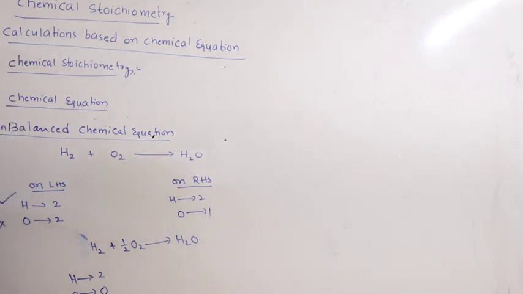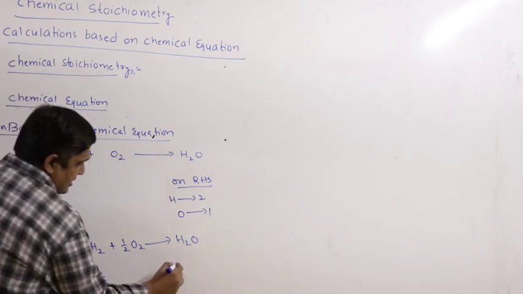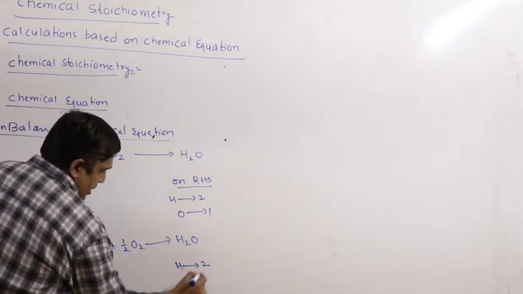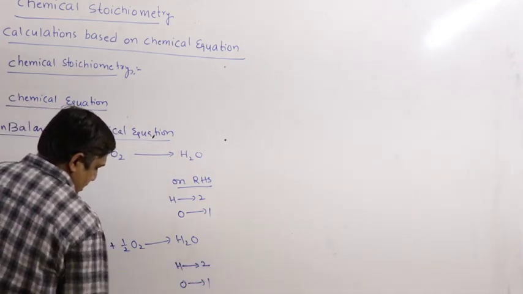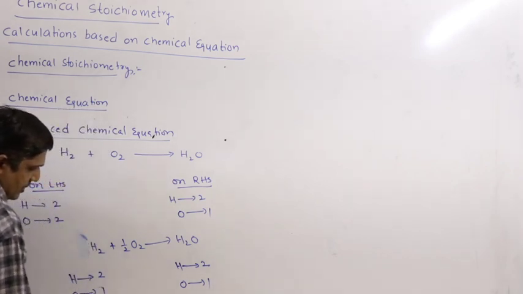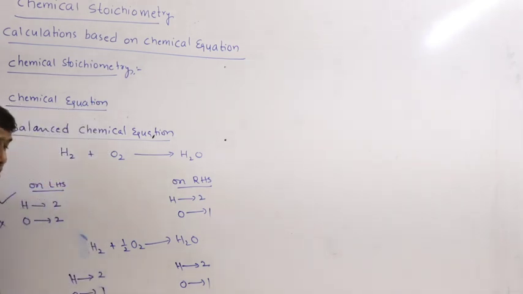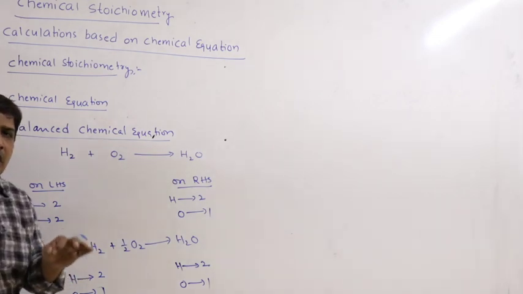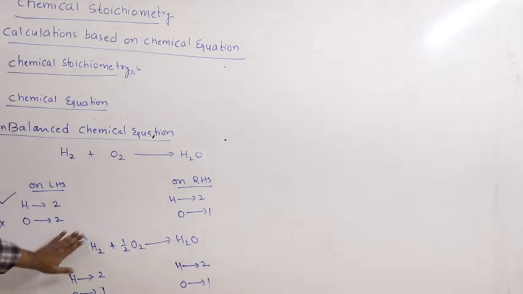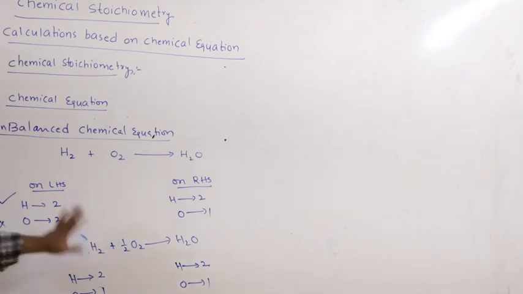In 1 O2 there are 2 oxygens. In half O2 there will be only 1 oxygen. On right hand side there are 2 hydrogen atoms and 1 oxygen atom. So if you compare left hand side and right hand side, all constituent atoms, that is hydrogen and oxygen, are balanced. Hence we can call this a balanced chemical equation.